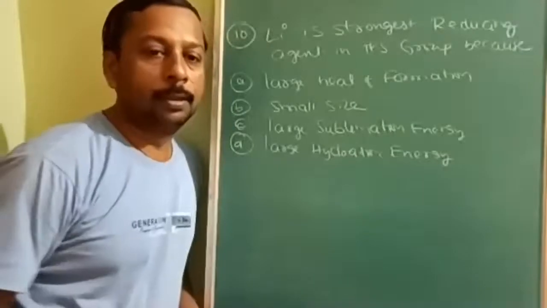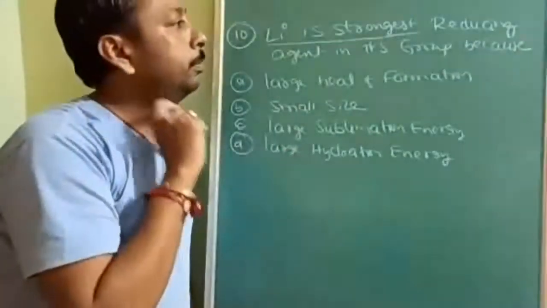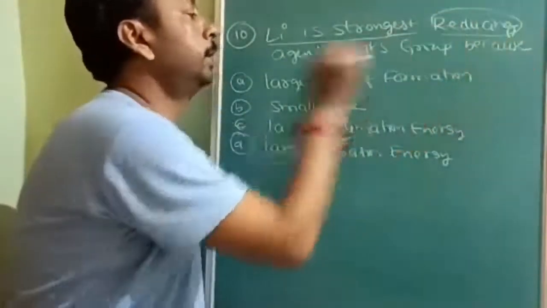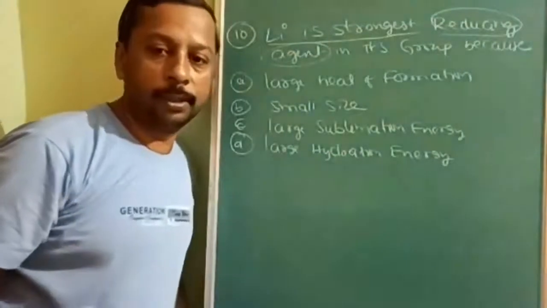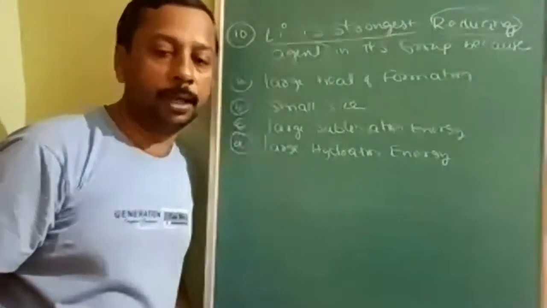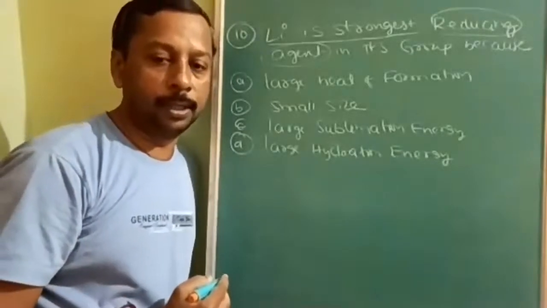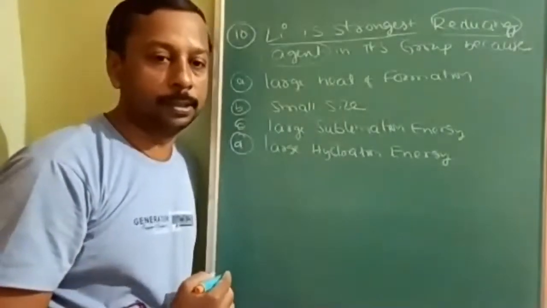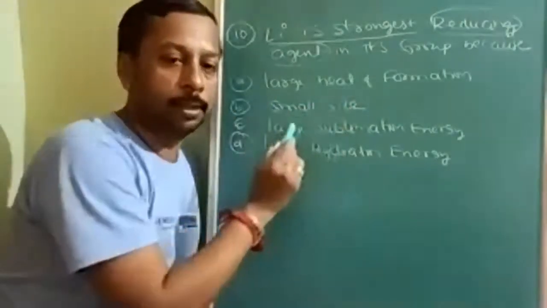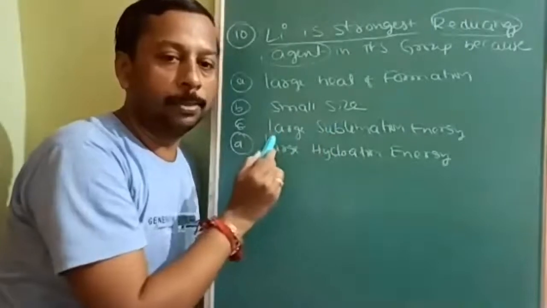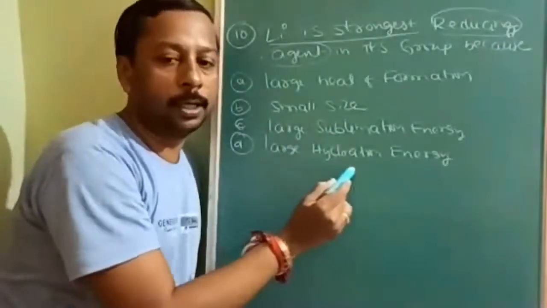See here, lithium shows anomalous behavior. But there is one good thing: it is the strongest reducing agent. For the strongest reducing agent, the least ionization energy is expected, but exceptionally, it is the strongest reducing agent. The main reason for this is: option A, large heat of formation; option B, small size; option C, large sublimation energy; option D, large hydration energy.